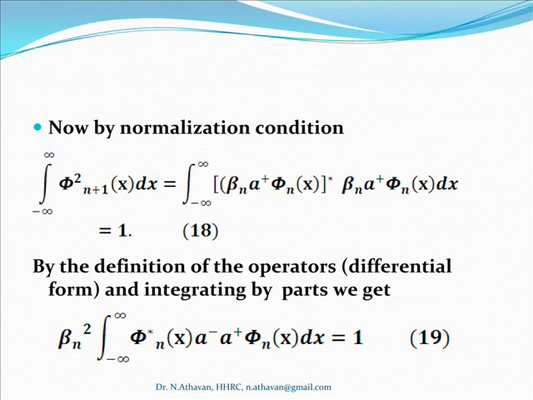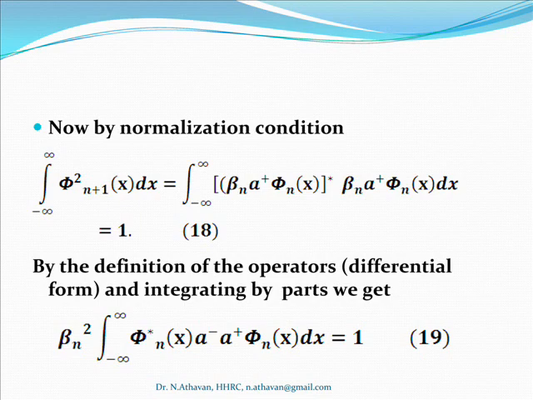Now by normalization condition, one can write the integral from minus infinity to plus infinity of |φn+1|² dx is equal to the integral from minus infinity to plus infinity of the complex conjugate of βn a+ φn of x into βn a+ φn of x into dx, which is equal to 1 by the normalization condition.